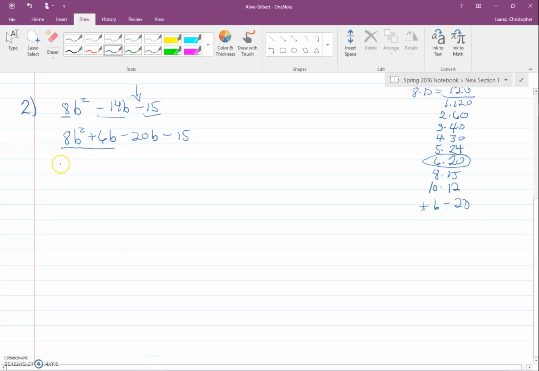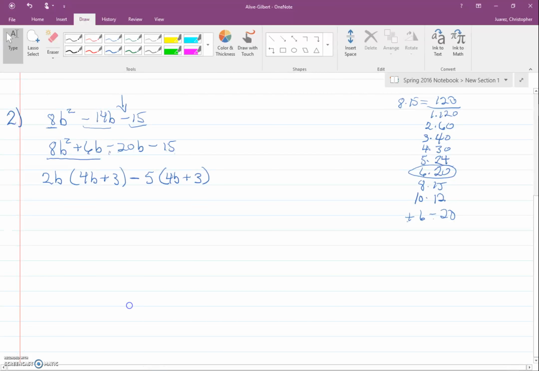Okay, so I can get 2b out of each of these. That gives me 4b plus 3. Then I just bring this negative down, and I can get a 5 out. Remember, I'm factoring a negative out, so it's going to change both the signs of the 20 and the 15. And so that gives me positive 4b and positive 3.